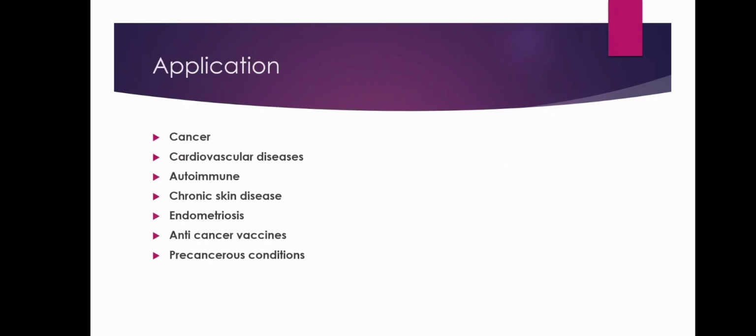Now coming to the applications, these are some of the examples where we are applying PDT, that is in the treatment of cancer, cardiovascular diseases, autoimmune diseases, chronic skin diseases, endometriosis, and in anti-cancer vaccinations and precancerous conditions.